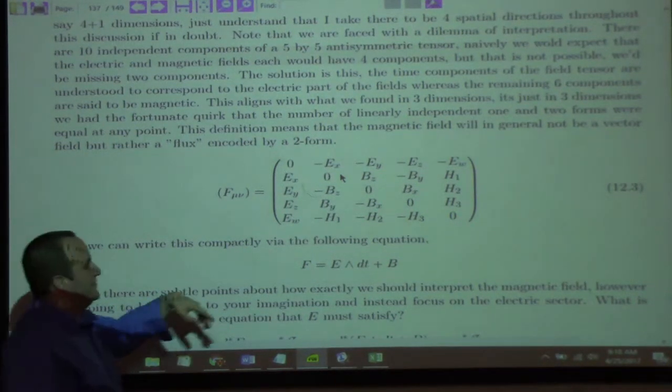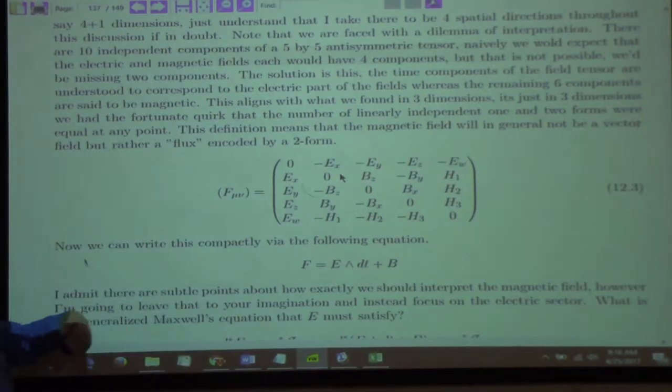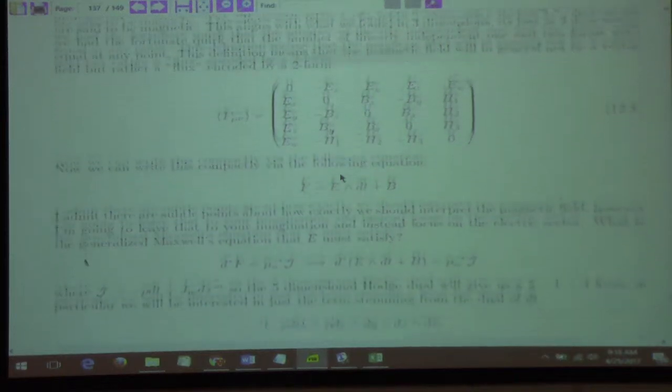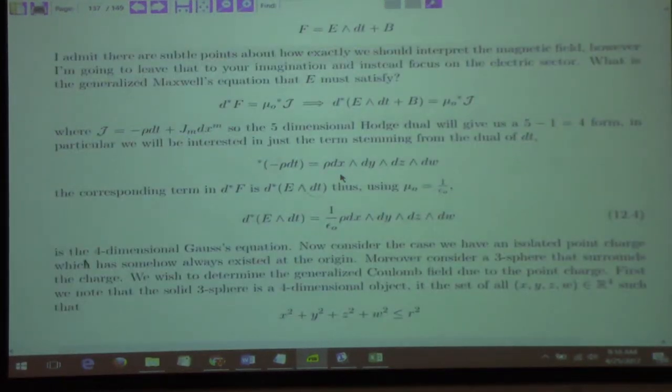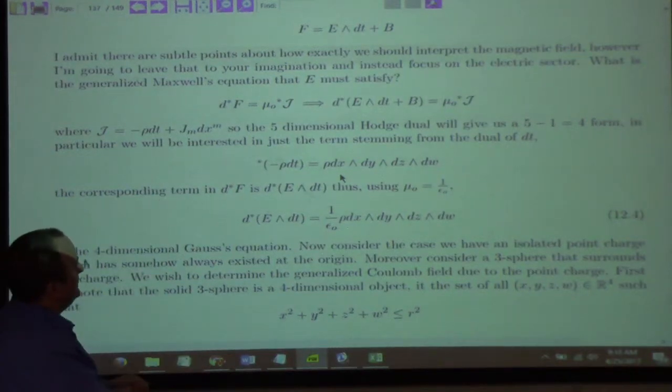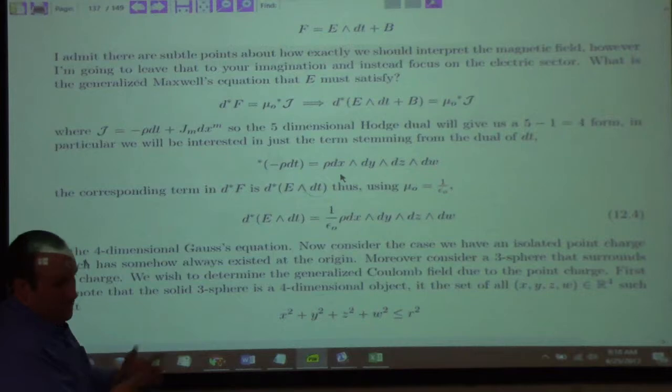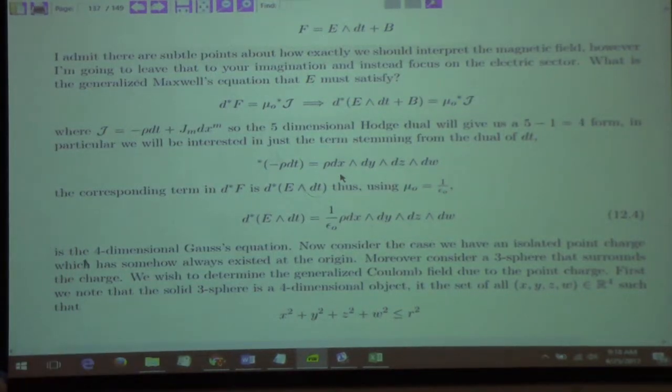But anyway, here I'm interested in just the electric piece, so I'm going to assume that the magnetic piece is 0. And then we'll use Maxwell's equations in differential form. There it is, the Maxwell's equation in differential form I want to write down. The exterior derivative of the Hodge dual of that Faraday tensor is mu naught times the Hodge dual of the current density.